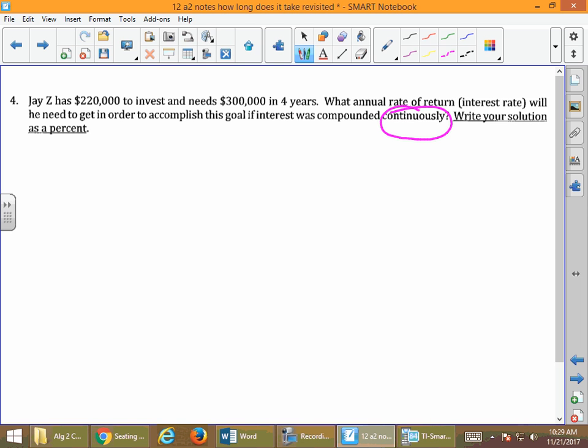Again, that word is important, because that word tells us that we need to use A equals Pe^(rt). Write our solution as a percent. That's the one thing maybe that will cause us trouble if you're doing well already.